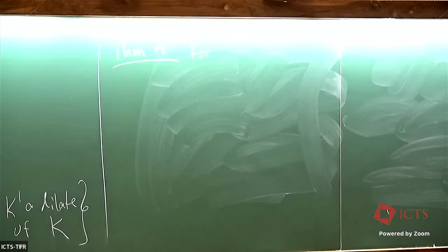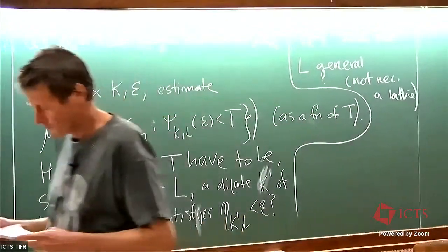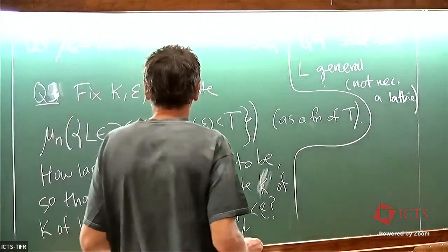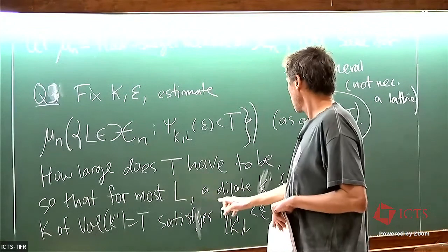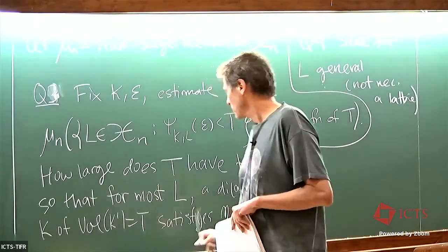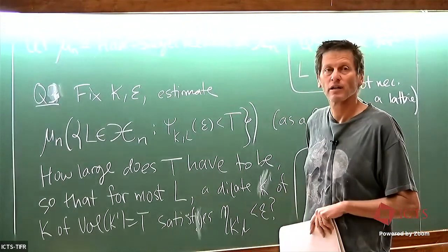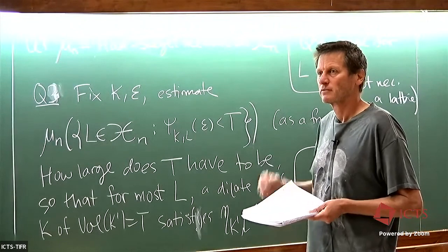So same questions for general L, not necessarily a lattice. Oh, before that, so that for most L, a dilate K prime of K, of volume t, satisfies that the smoothing parameter eta of K prime and L is less than epsilon. Okay?